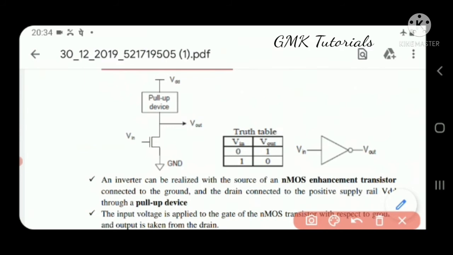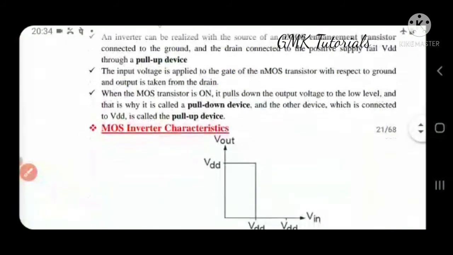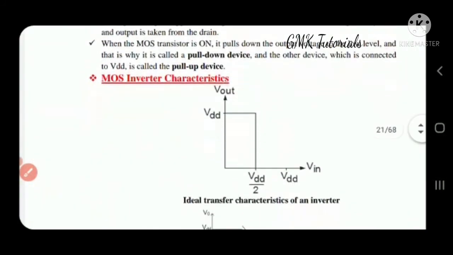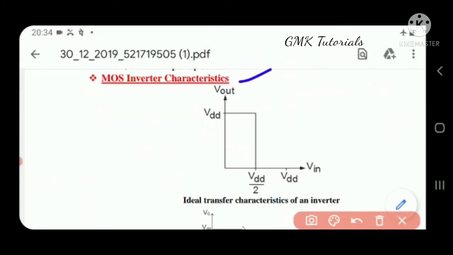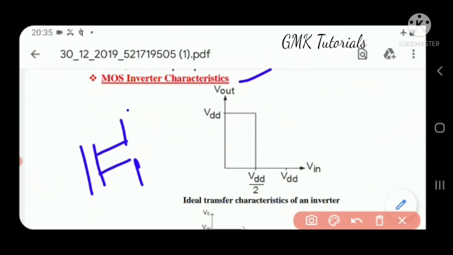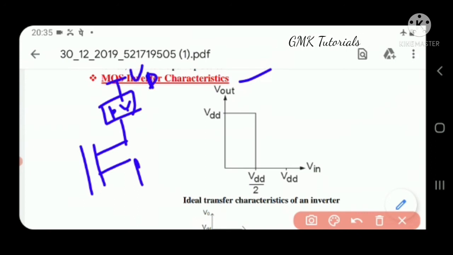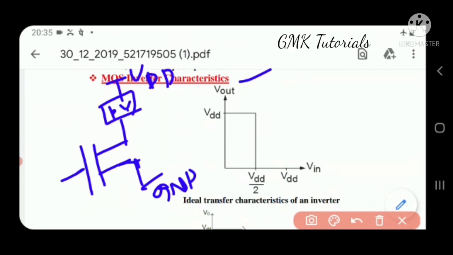Now these are all the ideal characteristics of MOS inverters. Let us consider a small diagram of what we discussed previously: the pull up device, the VDD supply, and the ground point, with the connections. This is the input.